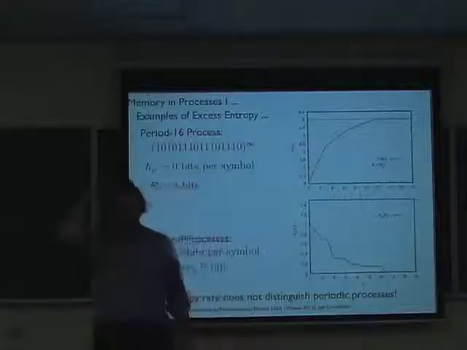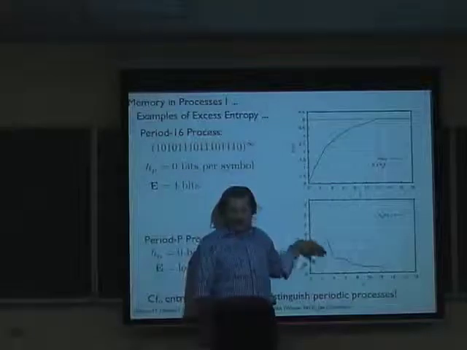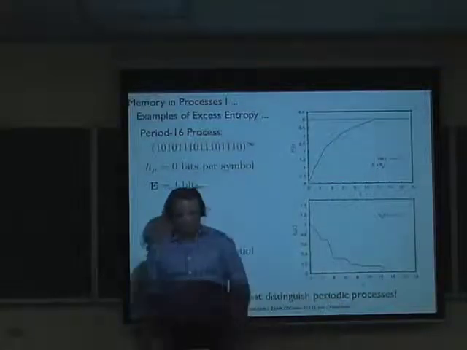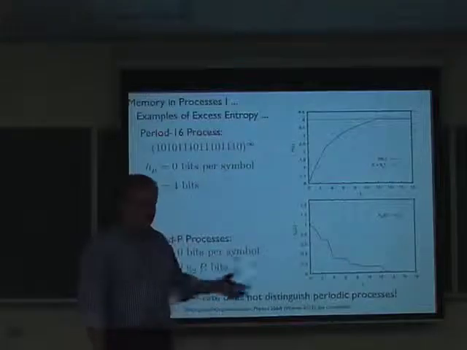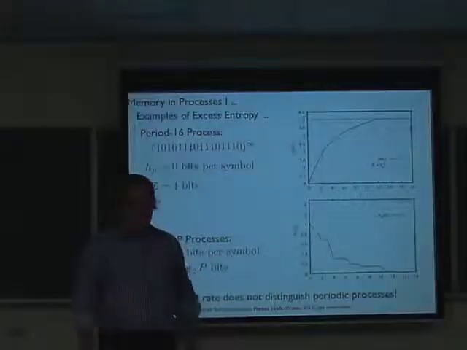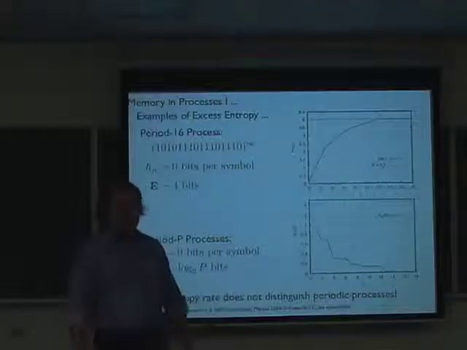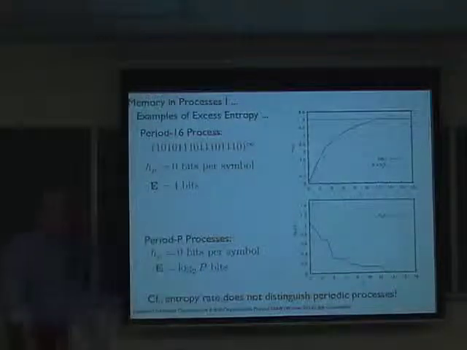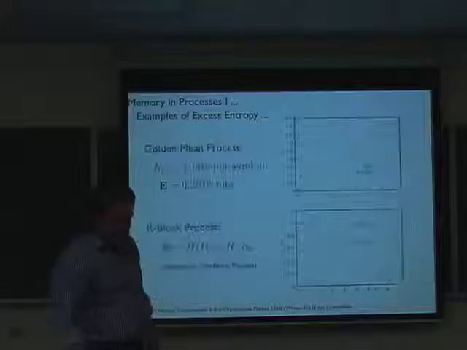Maybe it doesn't capture the shape of the convergence and the synchronization question, but we'll get to that on Thursday. But at least for a periodic process, it's very clearly a measure of phase information. Entropy rate's useless. It doesn't help us. All periodic processes have 0 entropy rate. Predictable.